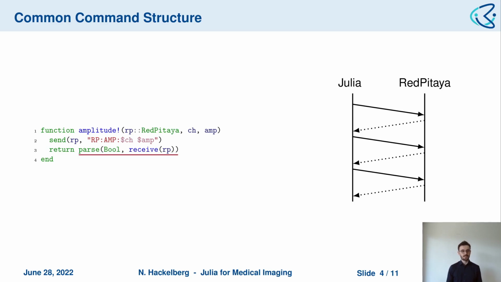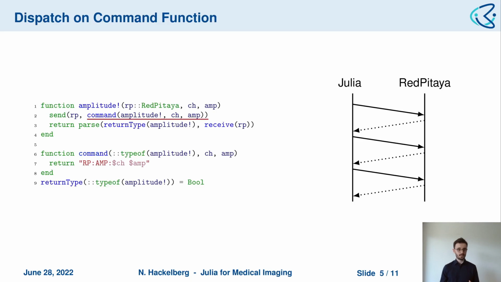So as a first step, we can extract these common operations, such as constructing the command string itself or constructing the return type, into new functions that now take an additional argument, which is the function itself.